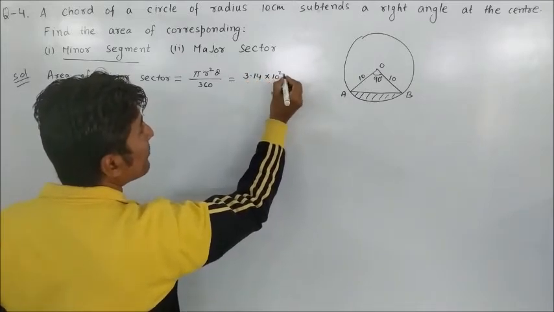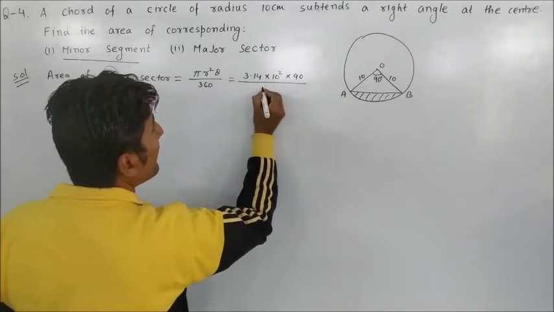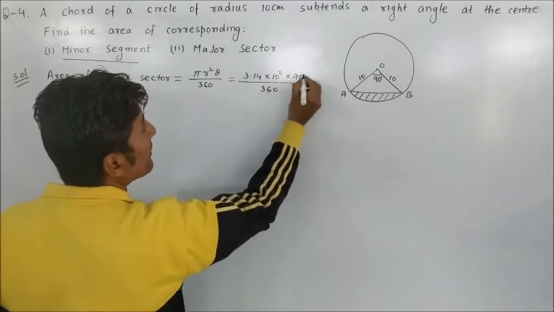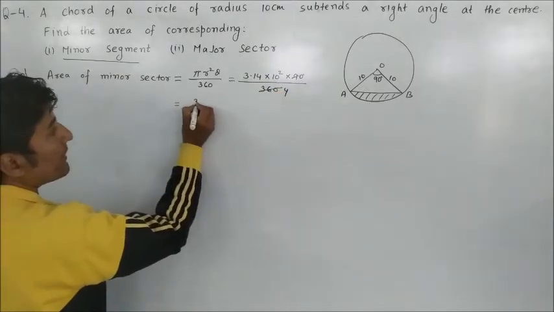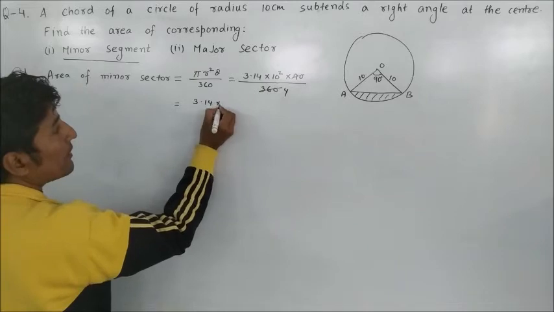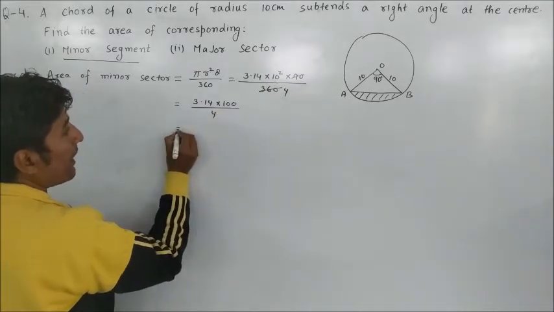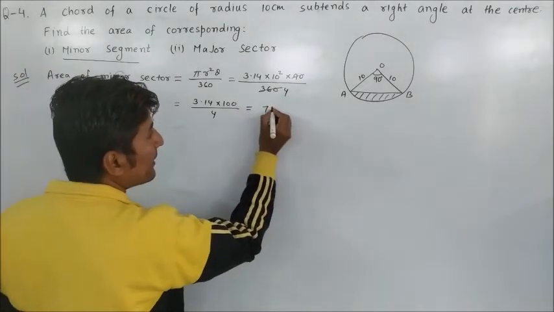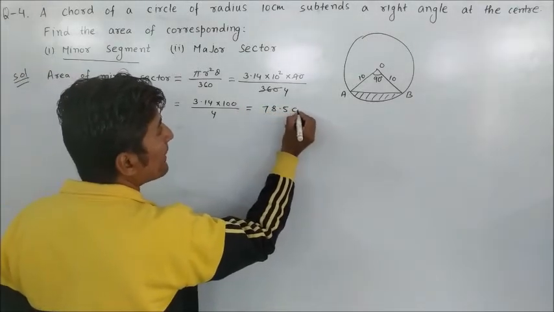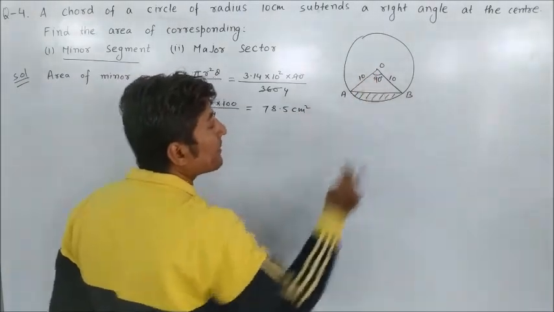So we can write here 10 square into theta, value of theta is given 90 divided by 360. So it is divisible by 4. Now here we can write 3.14 into 100 divided by 4. After solving this one, we may have 78.5 centimeter square. So this is the area of minor sector.